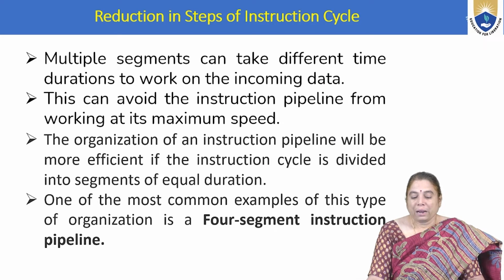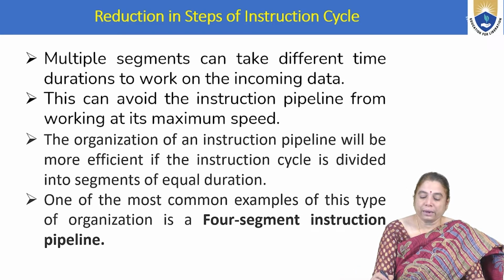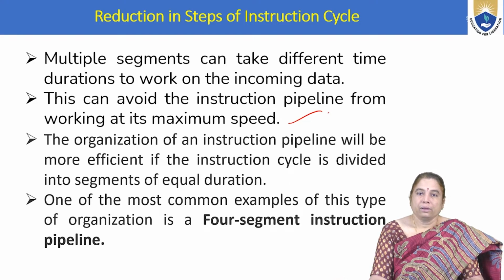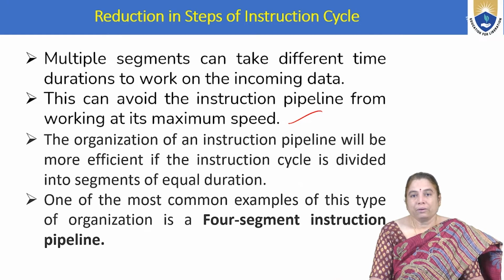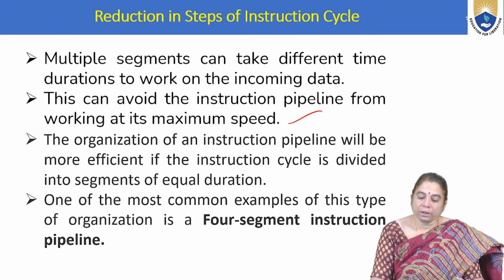With multiple segments taking different time durations to work on the incoming data, this can keep the instruction pipeline from working at its maximum speed. So an optimization is required so that the steps of the instruction cycle can be reduced to increase the computational speed of the computer.